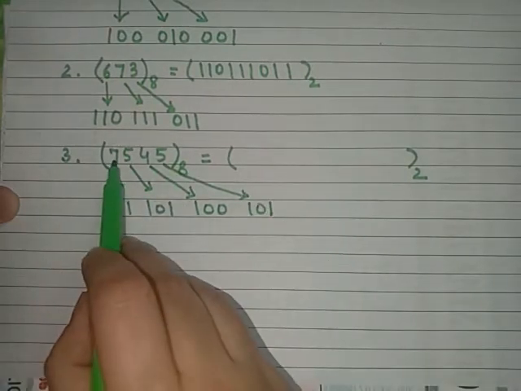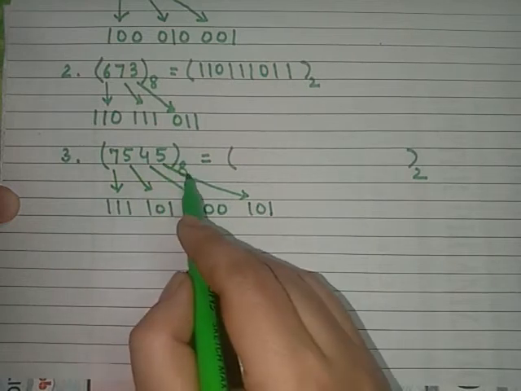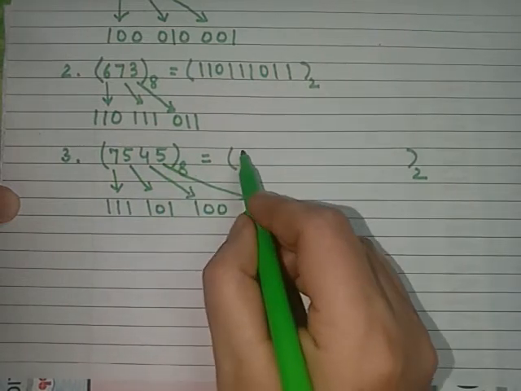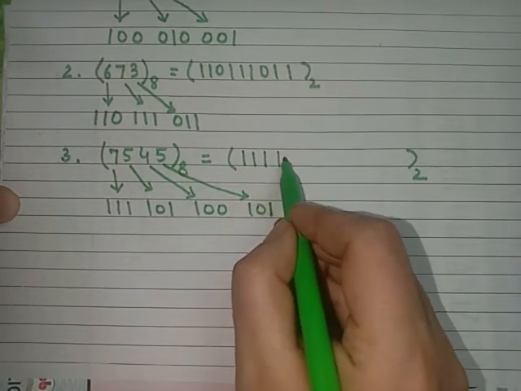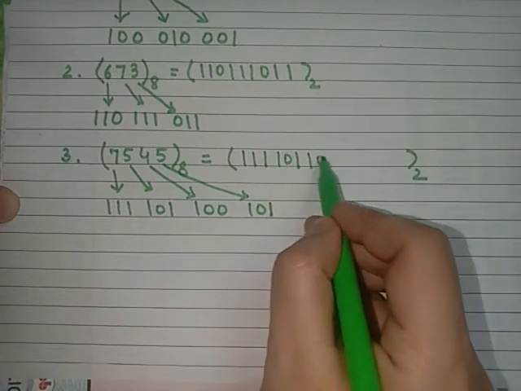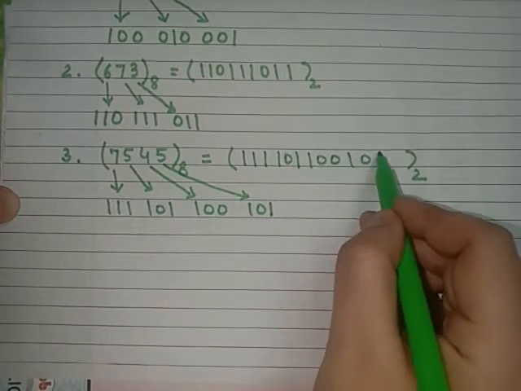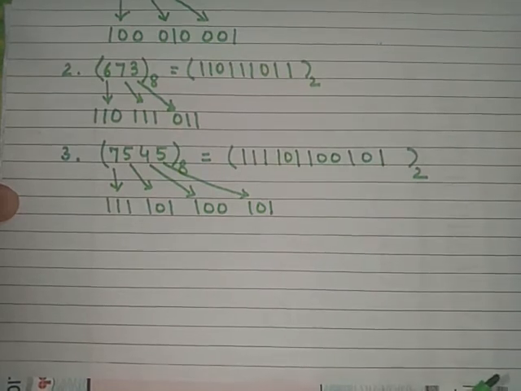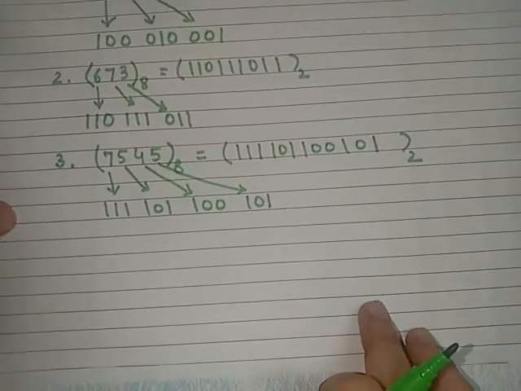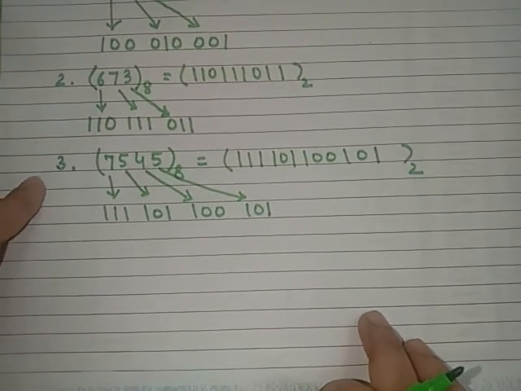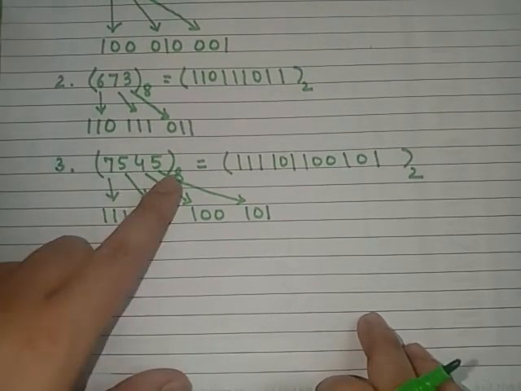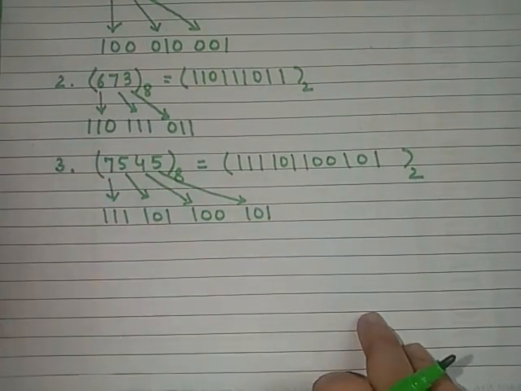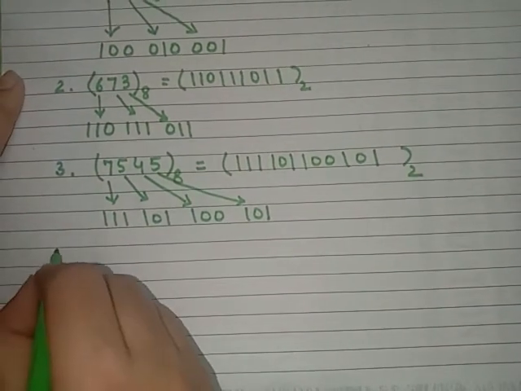So the number 7545 in the octal number system will be equal to 111 101 100 101 in the binary number system. You can see it's very simple to convert numbers from the octal number system to the binary number system.